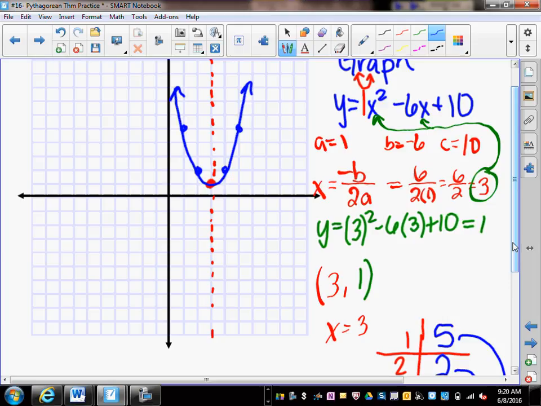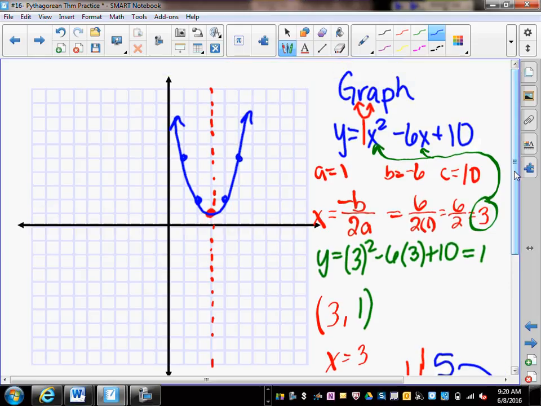Another thing you could do to add to your graph, it is not required by any means, but it might be helpful in making sure you have it located correctly, is your C value here. This is your C value. Does anyone remember what that is on your graph? No? If I put 0 in for x, that would be starting here at the origin, right?